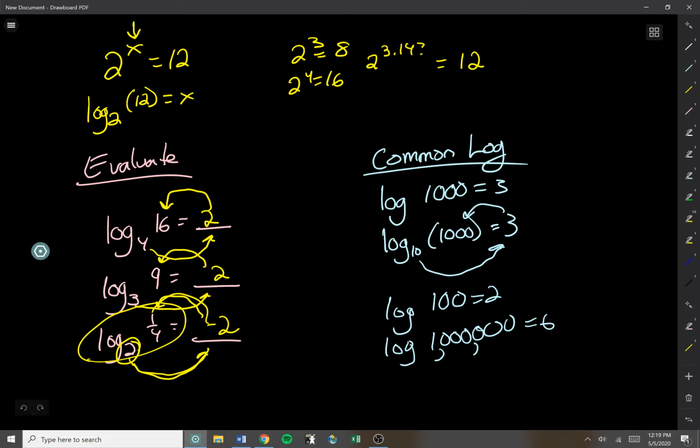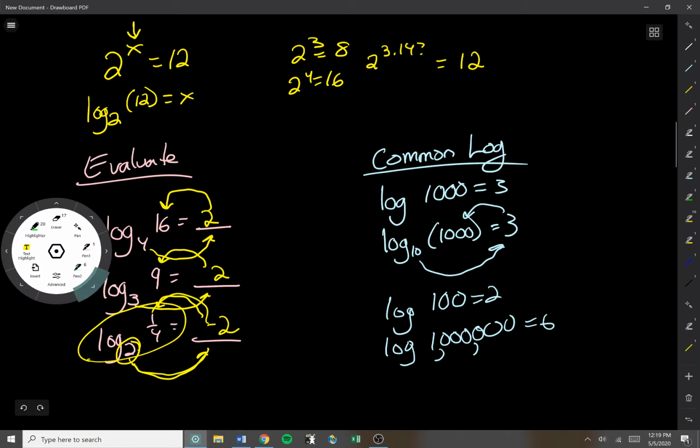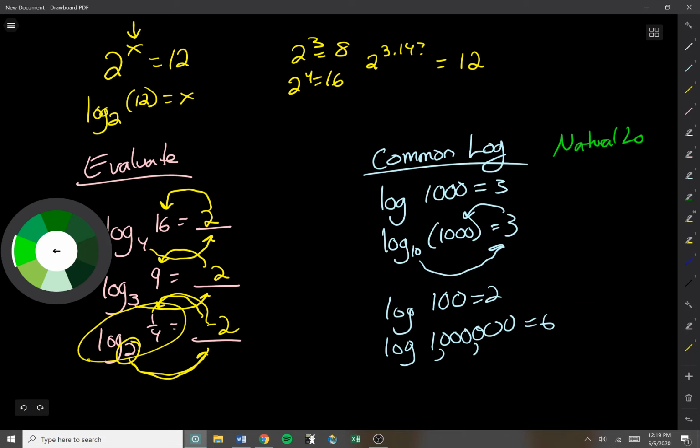There's also one called the natural log. This one is going to feel super different and foreign. It's not at all different. The natural log, we write with ln. ln just means you have a base of e. This is the same as having log base e of 25.